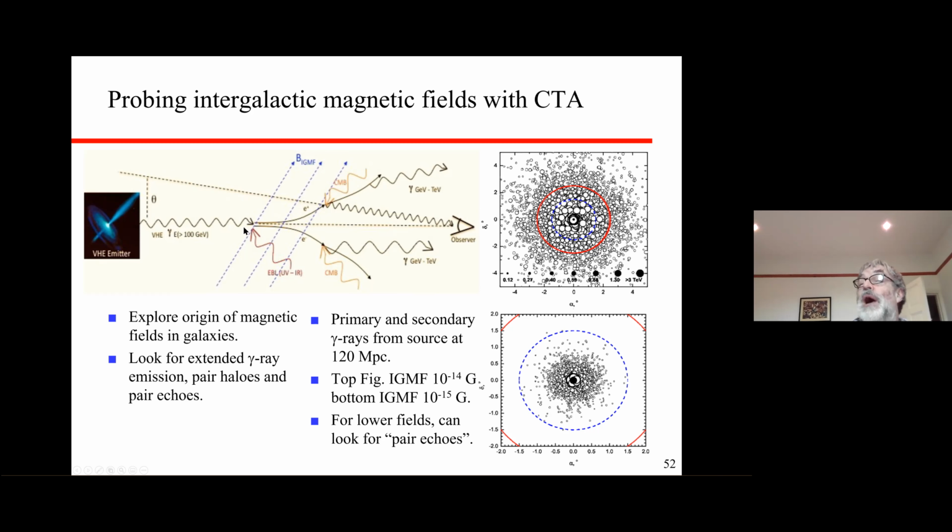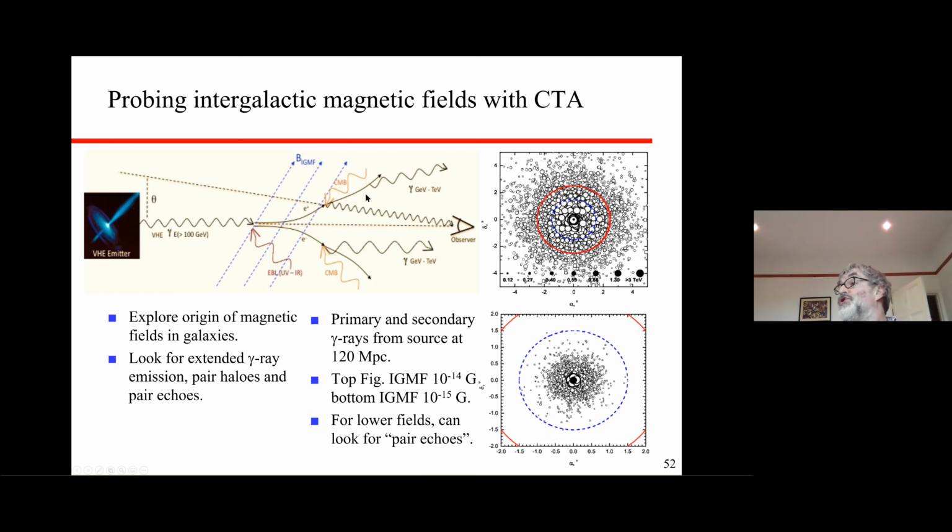That's how our showers were being produced in the atmosphere, for example, when they interact in the atmosphere. And so instead of seeing single very high energy photons when we look at a remote source, we'd see some single very high energy photons, but also they'd be surrounded by lower energy photons produced from the electron-positron pairs that can be split up by these intergalactic magnetic fields.